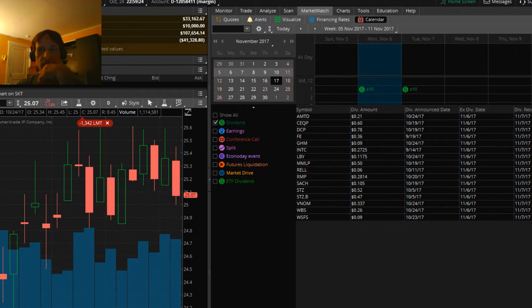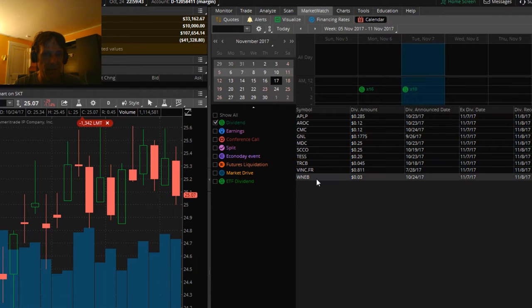Best way to do this is to export the file, take the file and import it into my software. The software will tell me, out of all of these, which one is the best to invest in. And they get these 16, and you get this 10 here. Okay, that's for Monday and Tuesday.